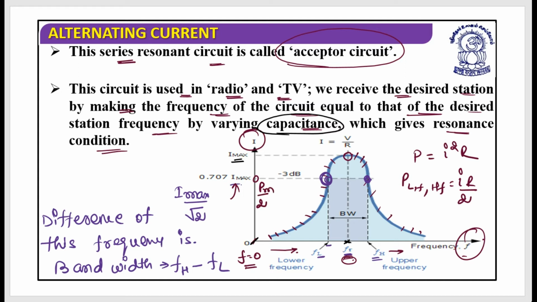At resonance the power is the maximum, and at both these instances the power is maximum by 2. So we define the lower frequency and higher frequency as the frequencies where the power received will be half of the maximum power. That is what we call the lower frequency, or the upper frequency. I hope this is clear.